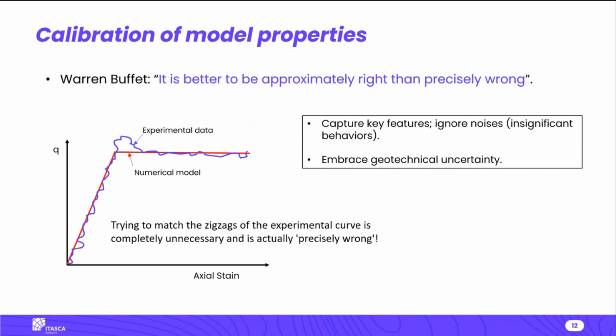The challenge here is to just pick the parameters that will closely match the data, or at least as close as reasonably possible, and not go crazy trying to match every single bend in the curve or all the variability and so on. We know that geological materials are variable. We know that we do not have the ability to really nail down the exact behavior of these things. You try to catch the important components with a constitutive model and not worry too much about all the zigzags here.